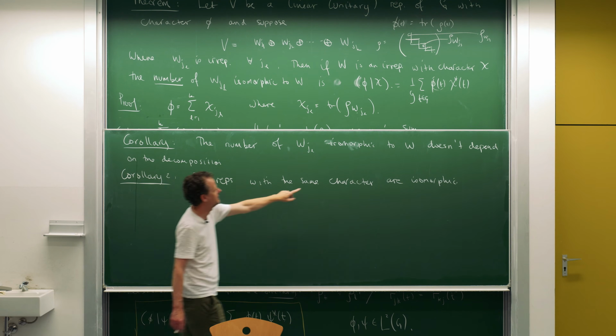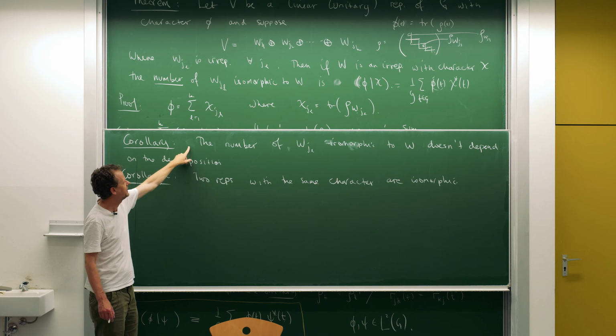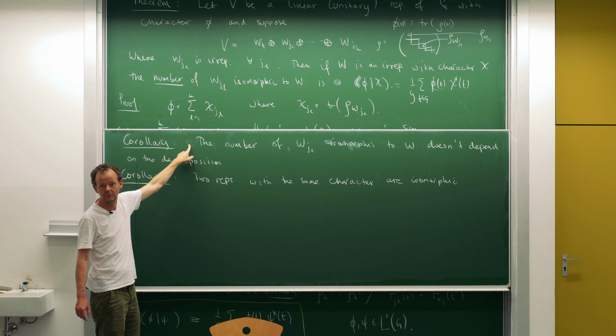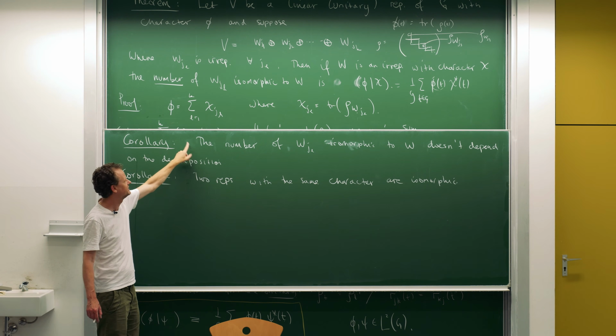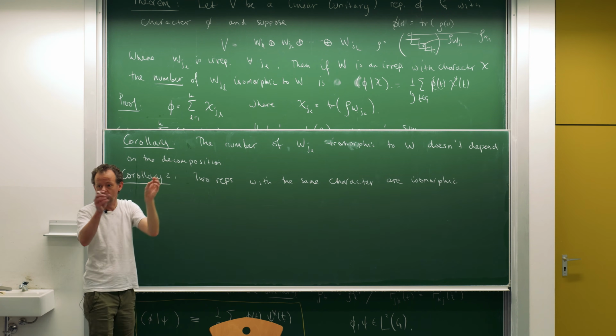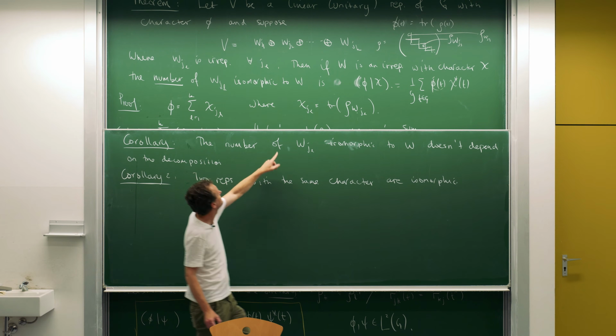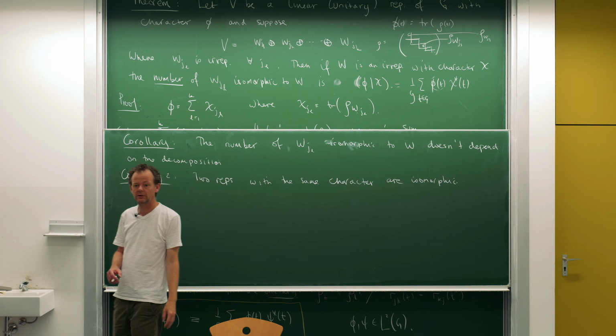Two representations of the same character are isomorphic. Why would this be the case? Well, the characters allow you to read off the number of times each irrep occurs in that list, and the list doesn't depend on the order. So up to this reordering of the irreps, we actually know exactly how many times each irreducible representation occurs in that direct sum up there.